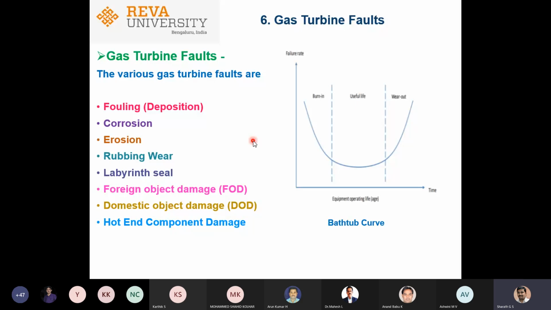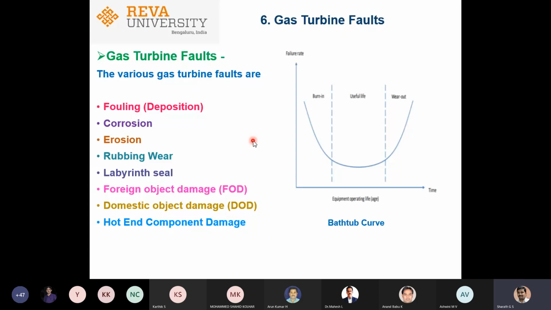So gas turbine faults are very critical in increasing the serviceability levels of the aircraft. I mean to say these have to be addressed.